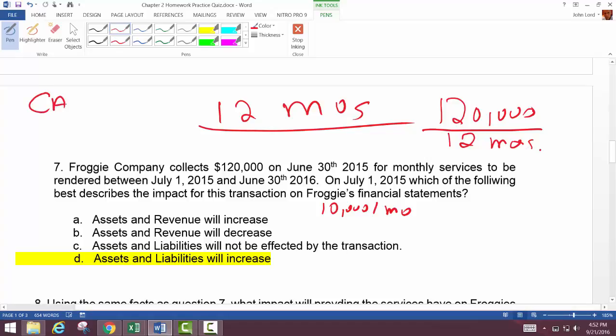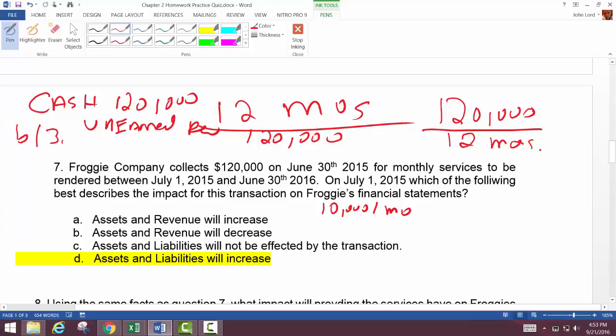Debit cash, 120,000, good. And credit what did I hear? Unearned revenue, because at June 30th, I haven't provided any service yet, right? Credit unearned revenue for 120,000, because he hasn't earned any of that revenue yet. That's at June 30th.